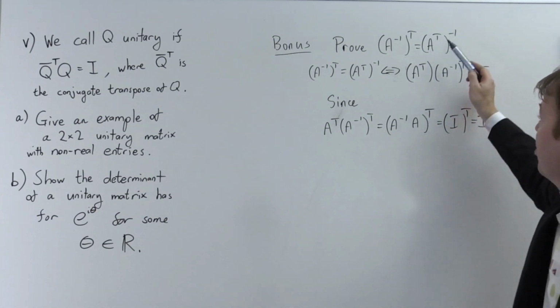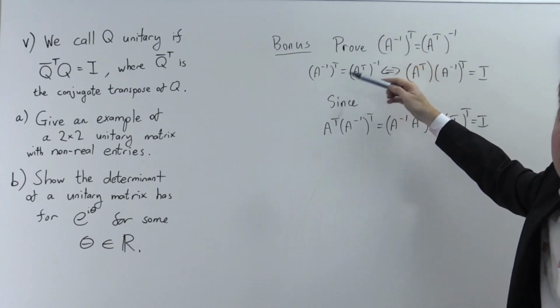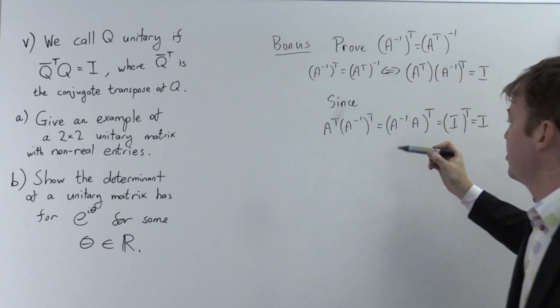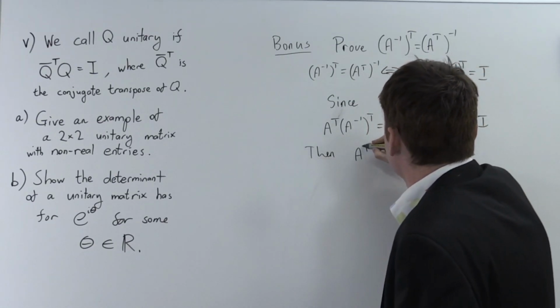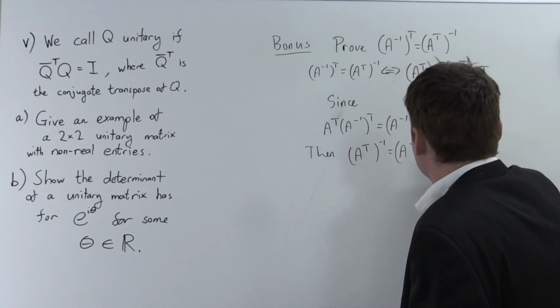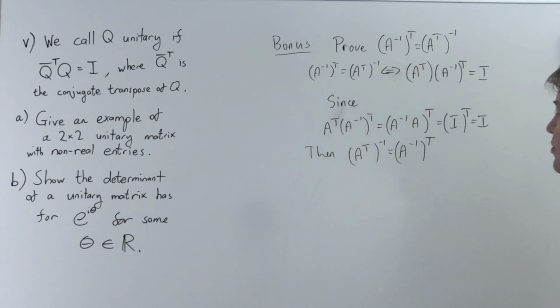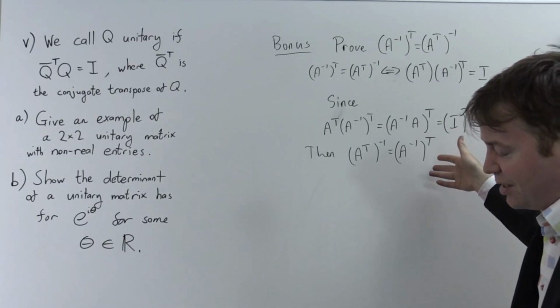Then this object here, whatever it is, must have been the inverse of A transpose. So the proving questions are a bit surprising because you don't necessarily know where to start.